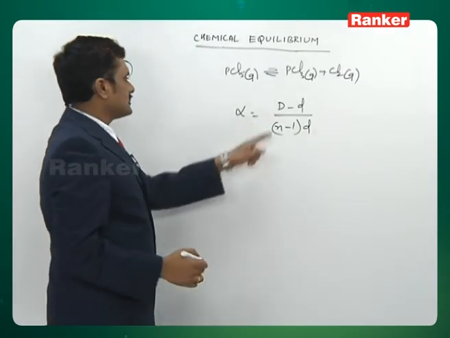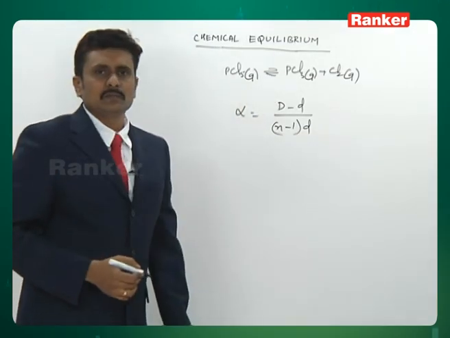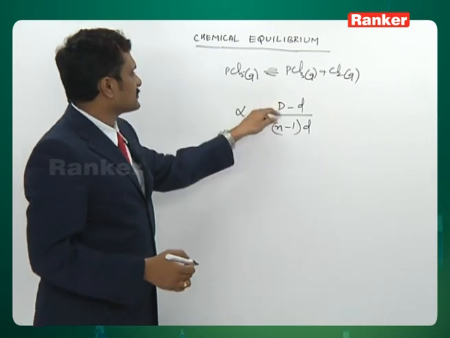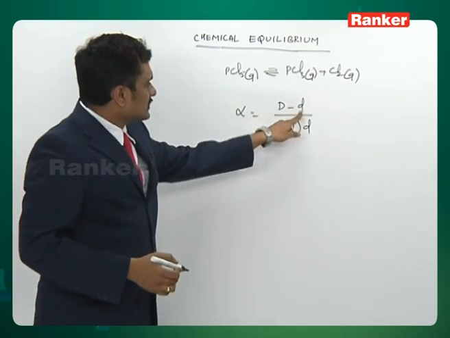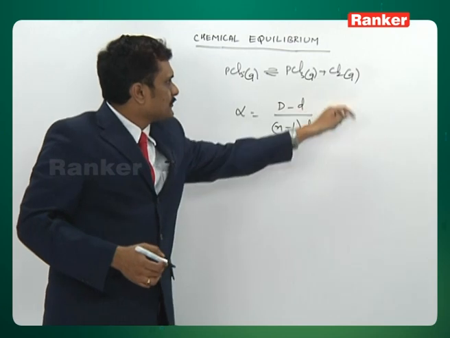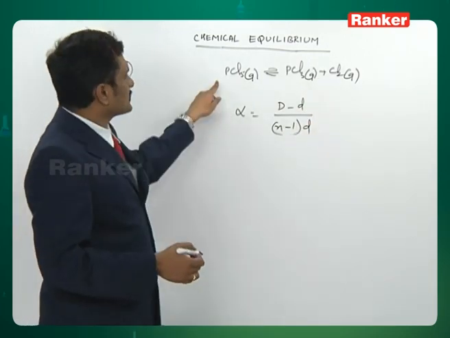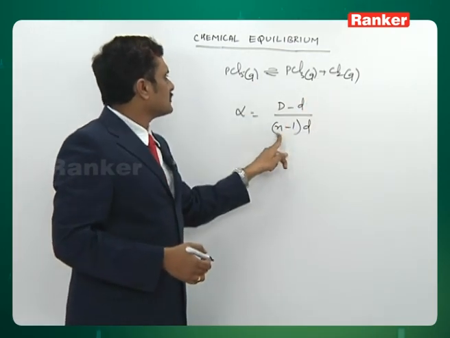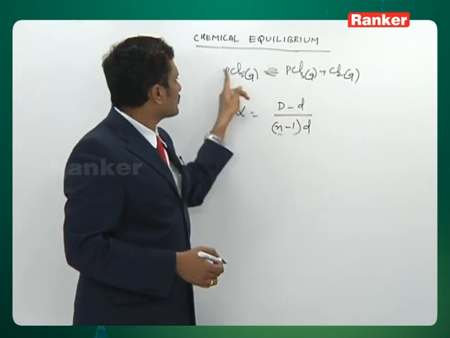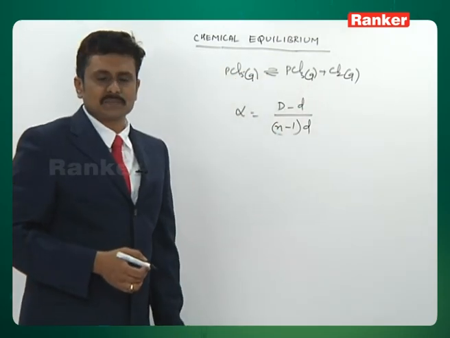Here, D is the initial vapor density of the PCl5, because only PCl5 is present initially, small d is the equilibrium vapor density, when 3 components are present, and n is the number of moles of the products formed from 1 mole of the substance.